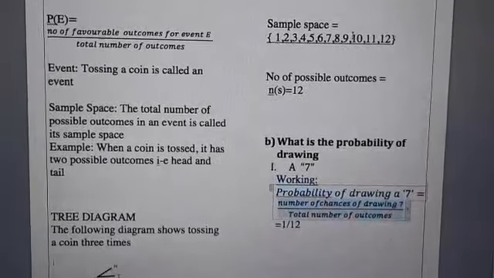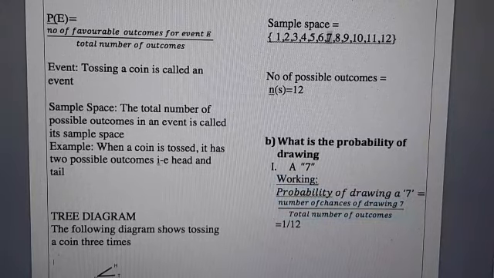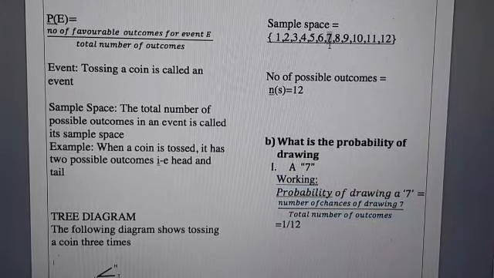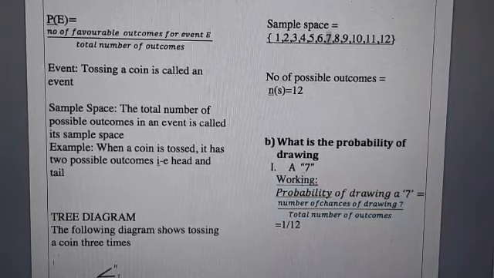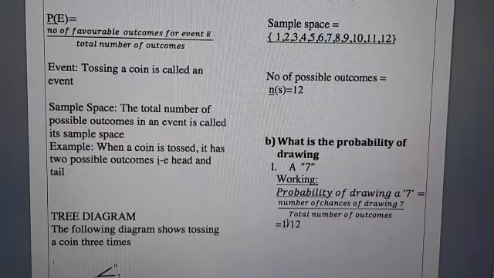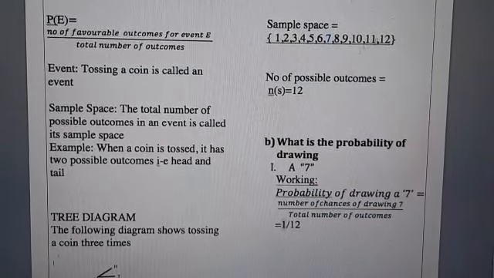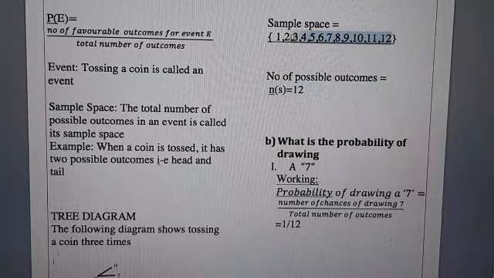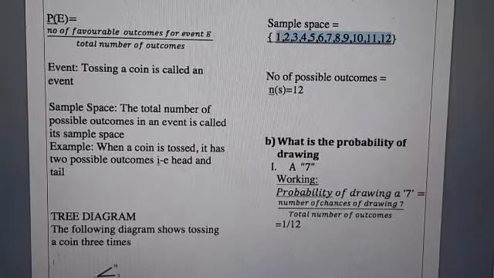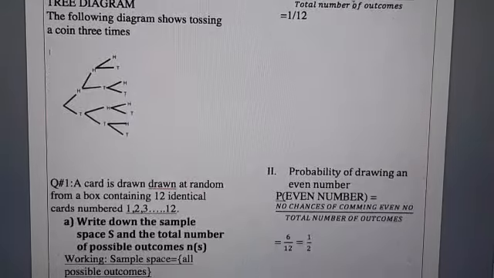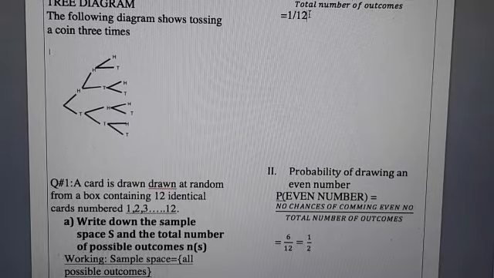From the sample space, you have only one card which has 7 on it. So the number of chances of drawing a 7 is only 1, divided by total outcomes, which are 12. So the probability of drawing a card with number 7 on it is 1 over 12.